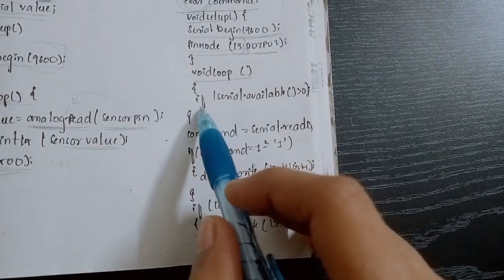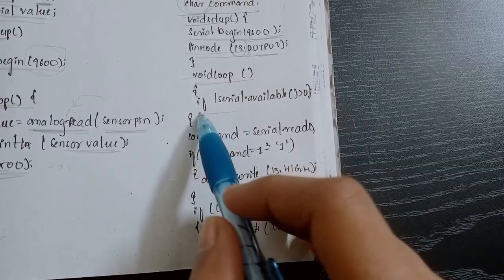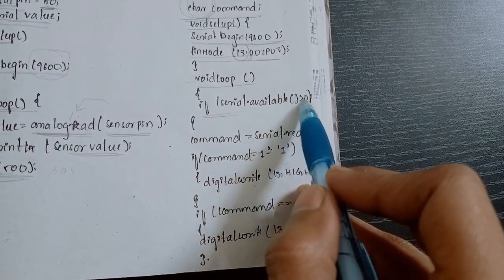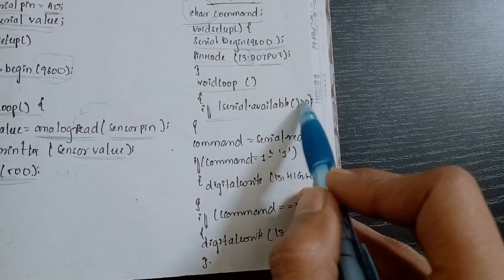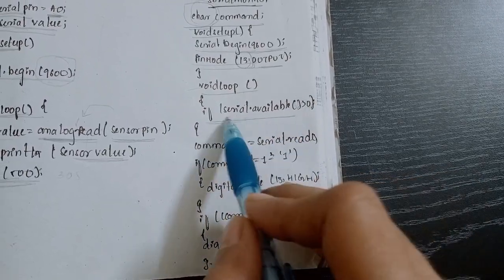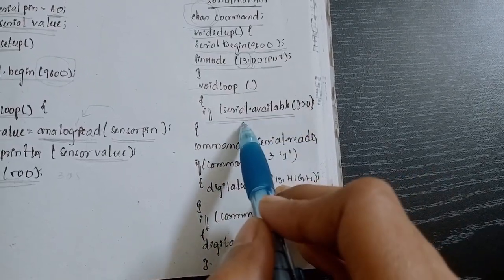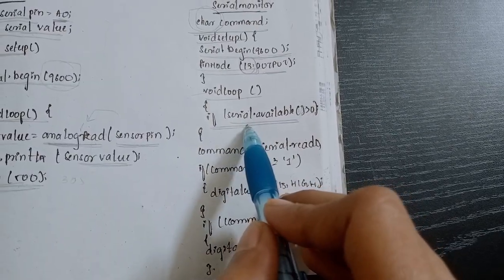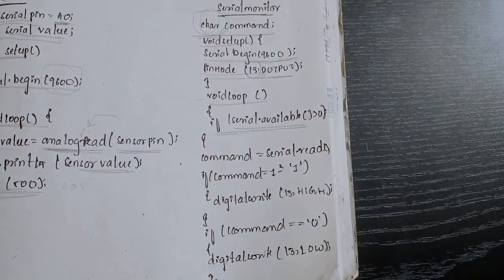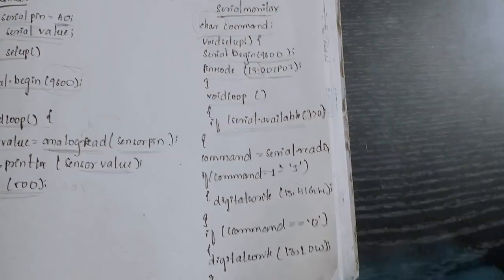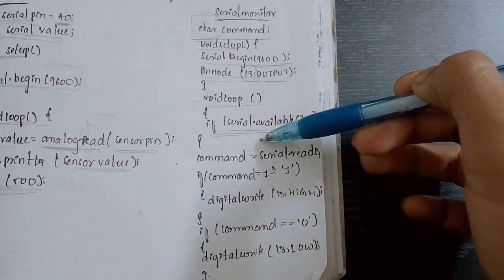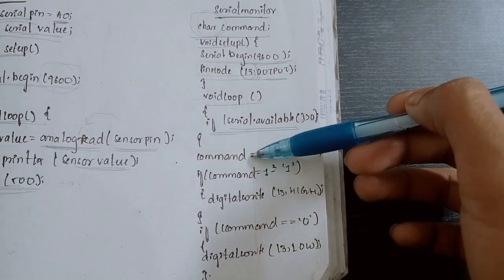So these are the main key conditions. If Serial.available, this condition indicates if the component values are present, then we need to include these steps.